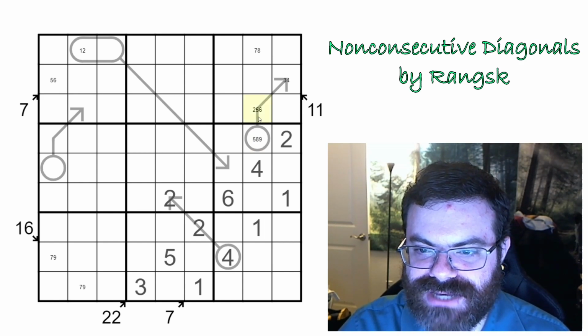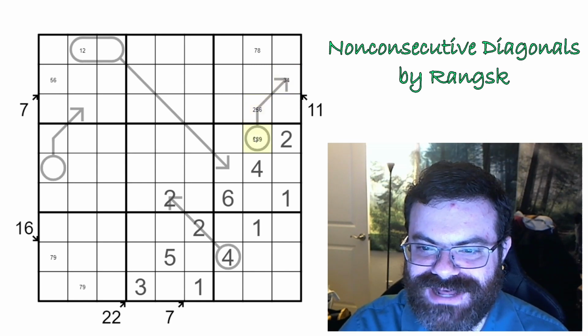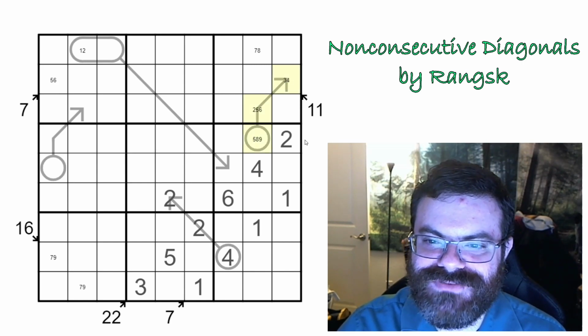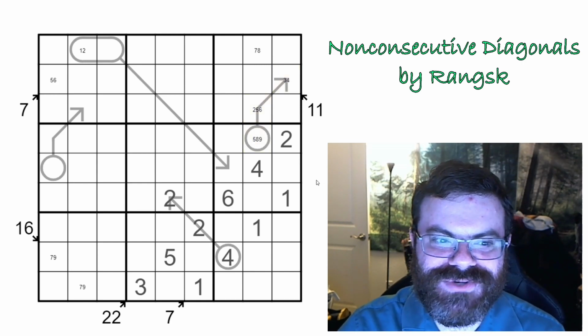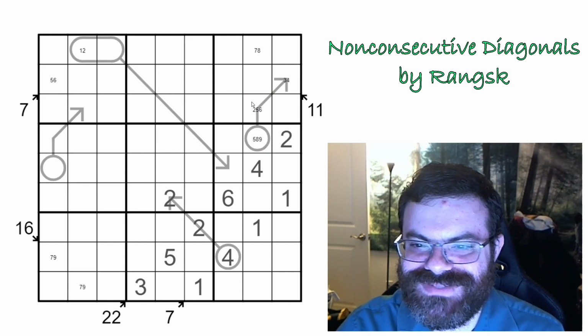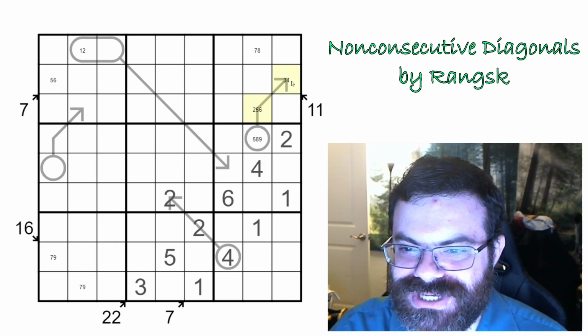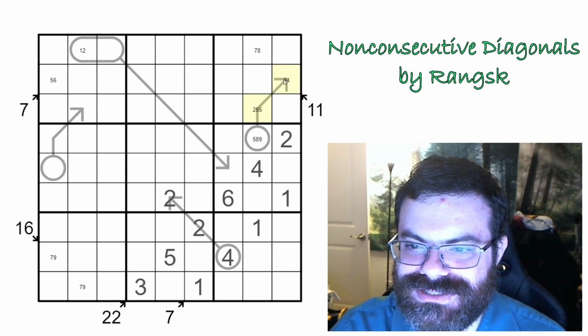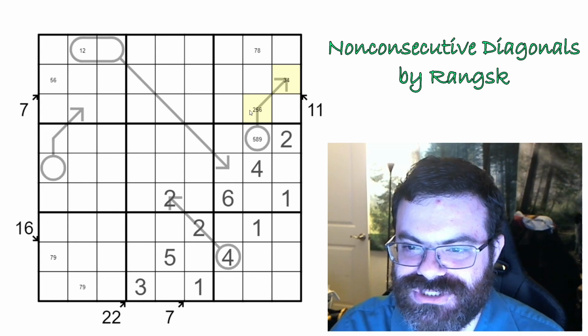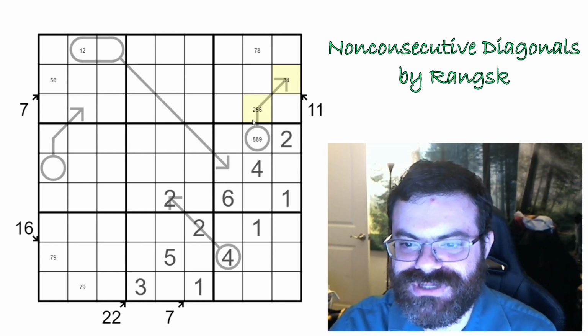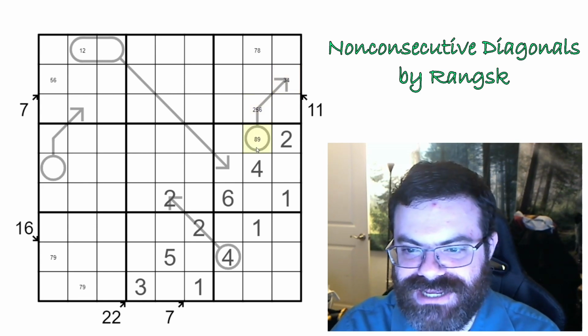So let's go back over that. Actually, 5, 4, 9 isn't possible because of the diagonal constraint, and 2, 3, 5 isn't possible because of the diagonal constraint. I was kind of ignoring the constraint, maybe on purpose. You'll have to make your own judgment there. Going back over this again, 2 plus 3 is not possible, because 2, 3 next to each other would break the diagonal constraint, so we can't add to 5.